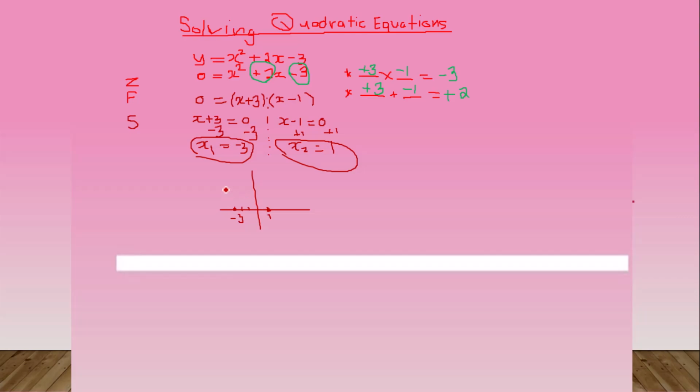Okay, so here is a rough draft of the graph of this quadratic equation. Take note, these solutions, the values of x, are actually the x-intercepts of the graph of the particular equation.